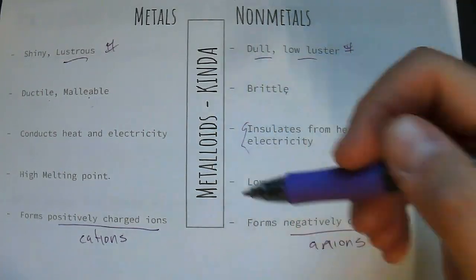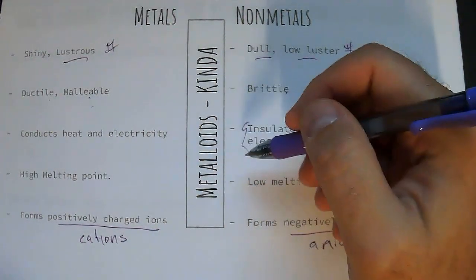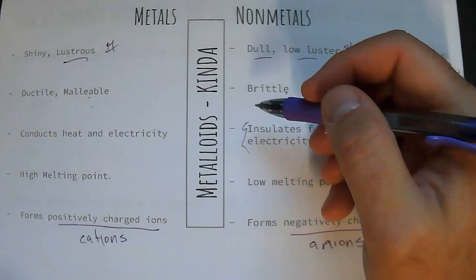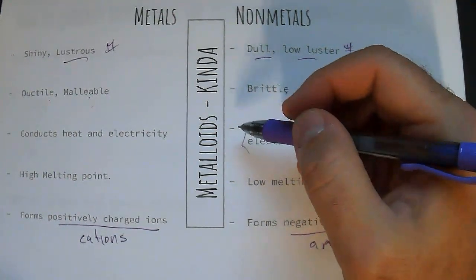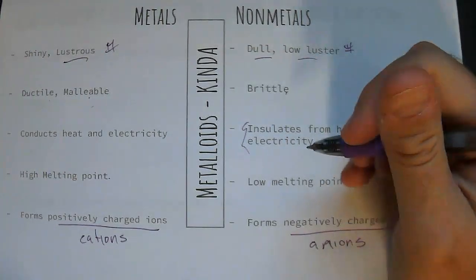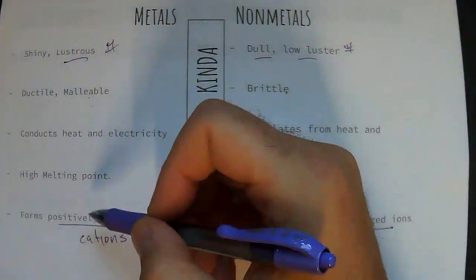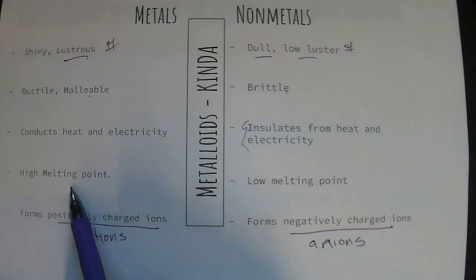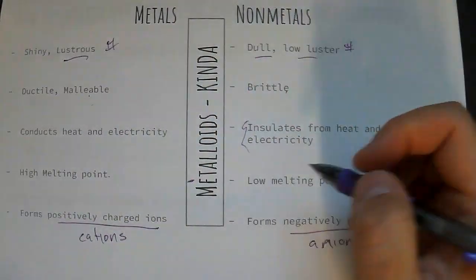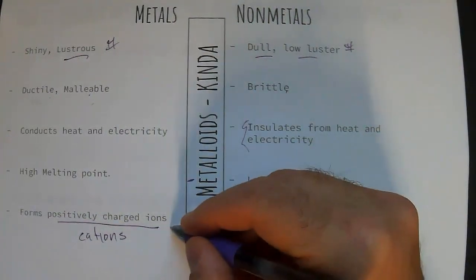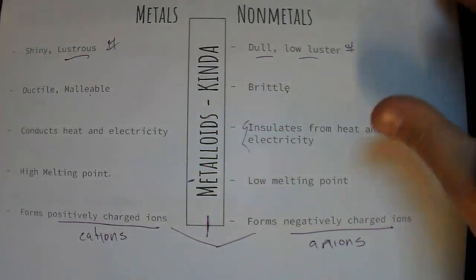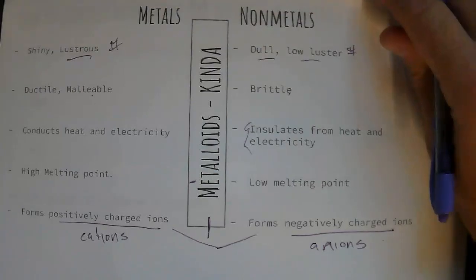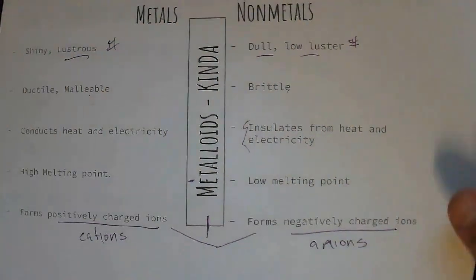Silicon is a metalloid, and that's the basis of our computer chips, because it kind of conducts electricity, but it kind of doesn't. So it makes it good to make computer chips out of. They have in-between melting points, and they can form either positive or negative ions.